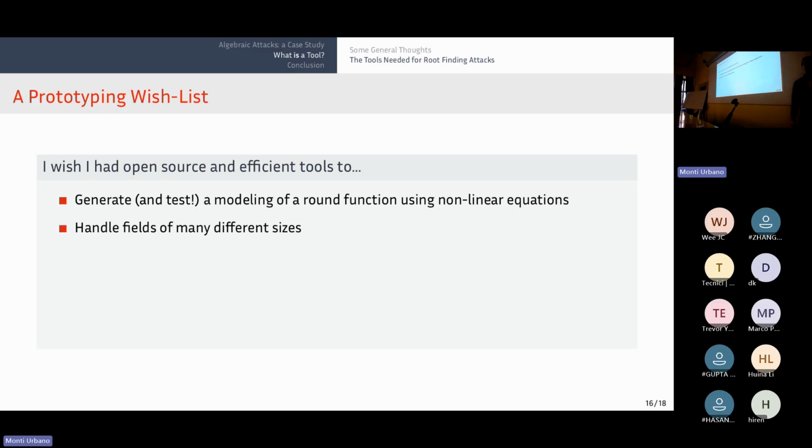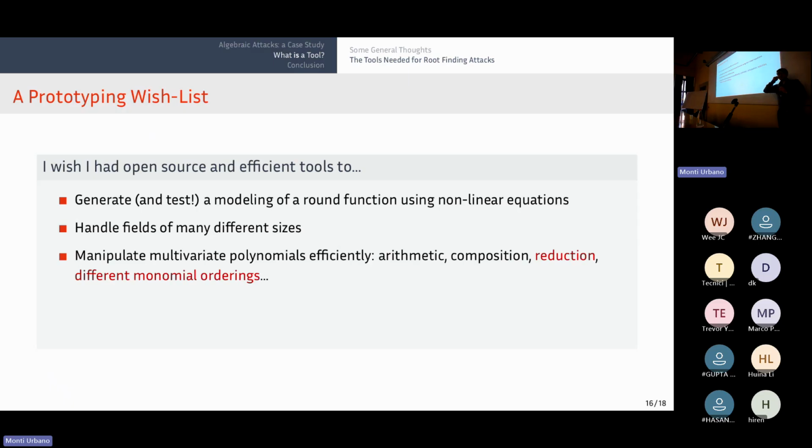I want this to handle fields of many different sizes. As I said, small p squared, p equal to 127, 2-branch version of Anemoi for, I don't remember which proof system, 2 to the 256 for the prime, give or take. So it needs to handle fields of many different sizes.